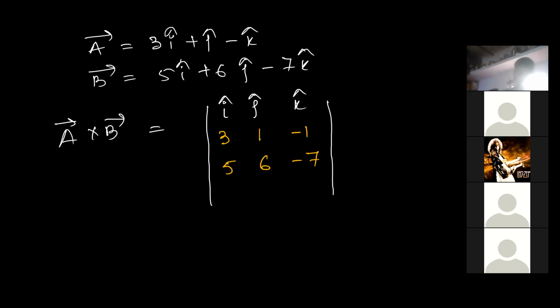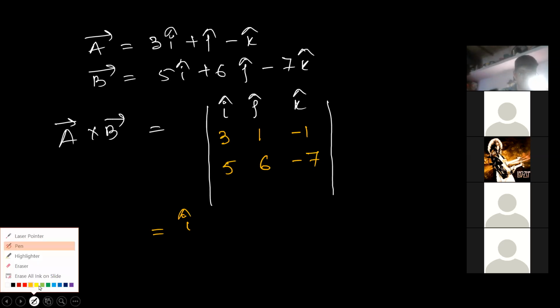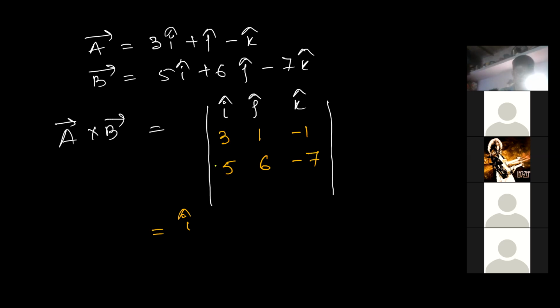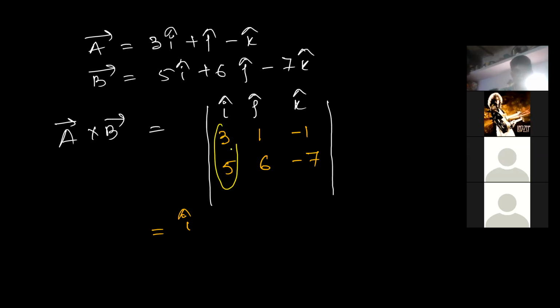Now, again, you have to use your finger to hide one of the columns. Whenever we calculate with respect to unit vector i cap, I have to hide the column of i cap. So with your finger, you hide the column, right?